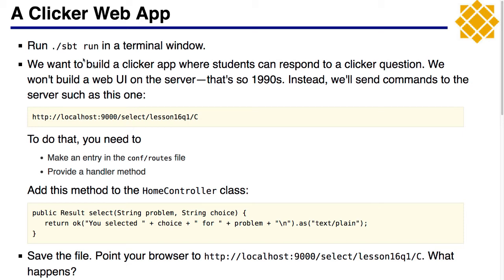So you're going to be making a request where in the request we put in all of the data that's needed to figure out what's going on. So here we're saying that this particular user selected lesson 16 Q1 and selected the answer C. And we just encode that in the request. When the server gets that, then the server, of course, wants to jack up a counter and say, there's another one who thought that the correct answer was C for the question with ID lesson 16 Q1.